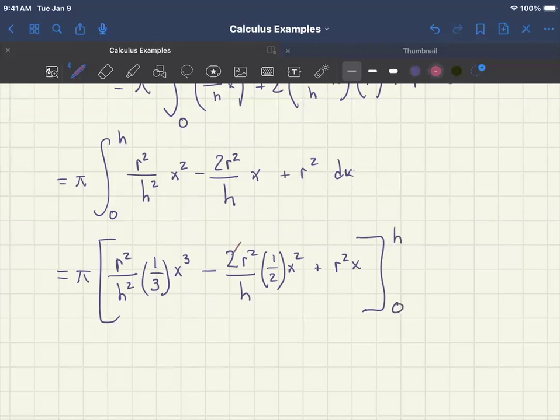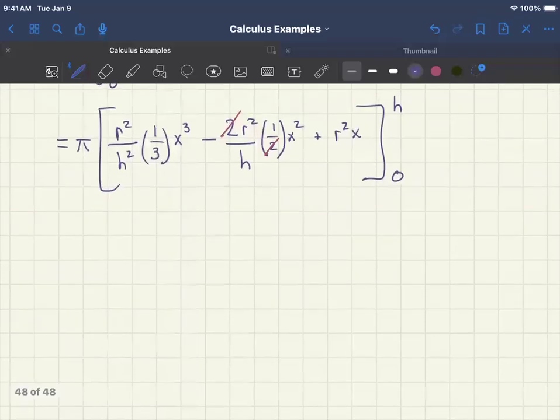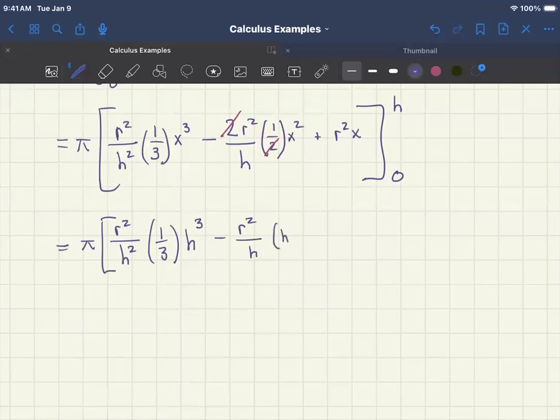You'll notice right now that our 2's are going to cancel in that middle term. And we have a 1/3 that's popping up. So that's definitely a good sign that we're on the right track. Now let's actually put those numbers in. r squared over h squared, 1/3 h cubed, minus r squared over h, squared, plus r squared h.